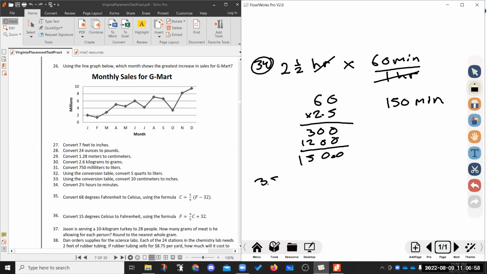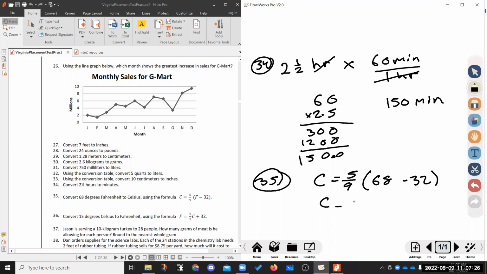Number 35 asks us to convert 68 degrees Fahrenheit to Celsius, and they give you the formula that C is equal to 5/9 of the degrees in Fahrenheit, which they told you was 68, minus 32.